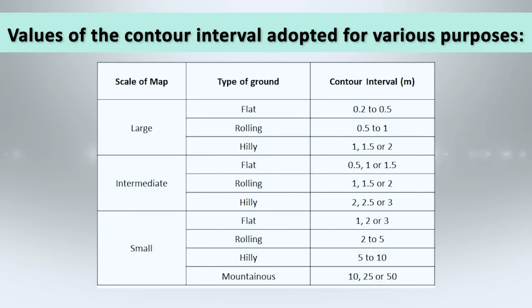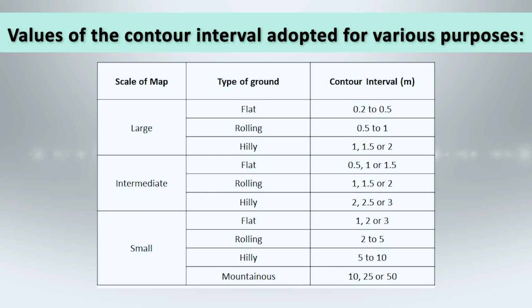You can see in the table the values of the contour interval adopted for various purposes. For large scale maps of flat country, for building sites, for detailed design work and for calculation of quantities of earthwork, it is 0.2 to 0.5 meter.